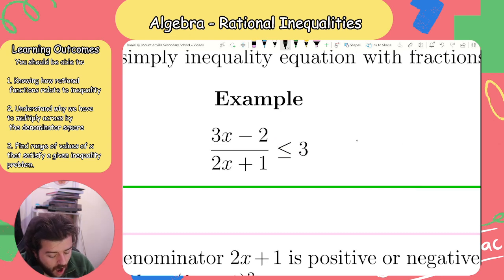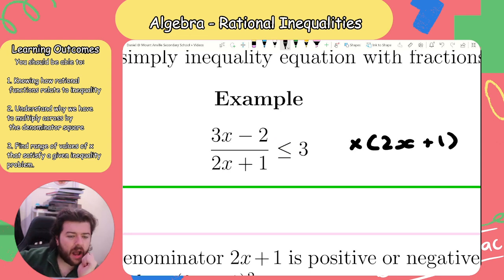So I can't just multiply across by 2x plus 1. Why can't we multiply across by the denominator? It's because I can't say for certain if my denominator is positive or negative.